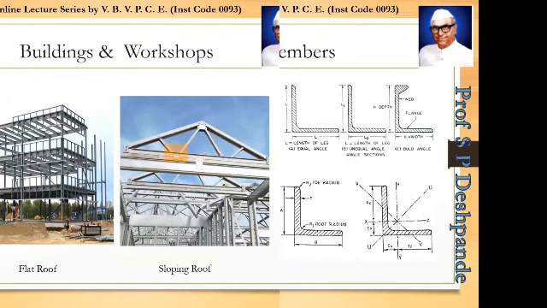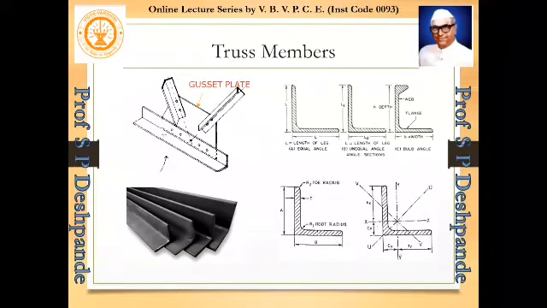I have not connected these three angles directly. In between, this is your gusset plate. This is the tie member, which is of angle section. This may be a tension member, compression member, and they are also angles. And as you can see, the holes. These are not basically holes; they are the rivets or the bolts.